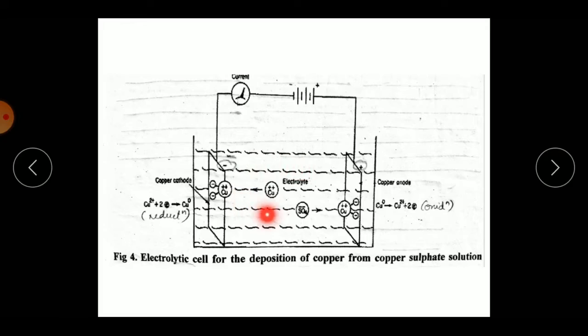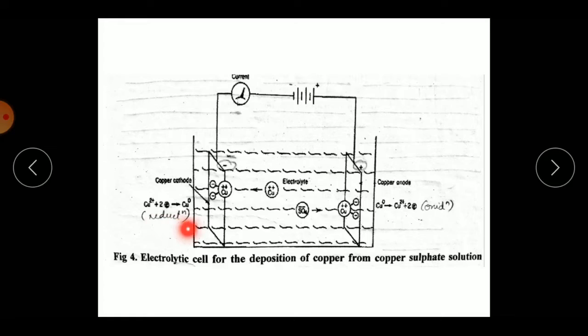The cation, that is Cu2+ in your electrolytic solution, will start migrating towards the cathode, that is negatively charged as shown here. Okay, so what will happen when it migrates towards the cathode? It will get deposited as metallic copper, that is in the form of Cu0, that is metal copper having zero oxidation state. So your Cu2+ will go and deposit on the cathode as Cu0. So it is given by this reaction here, that is Cu2+ plus 2 electrons will give you Cu0, that is zero oxidation state of the metal.